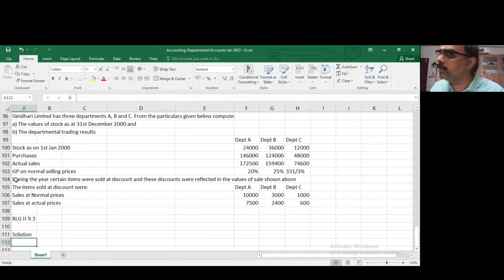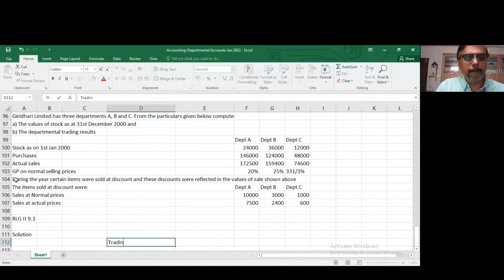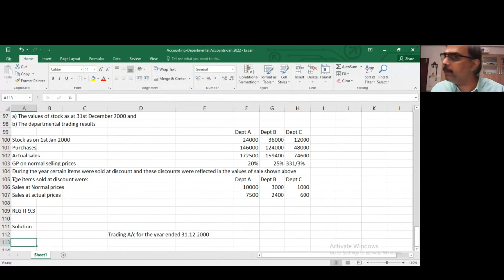We have to determine the profitability of each of the departments. So, departmental trading account, year ended 31st December 2000. We'll have 3 departments here.